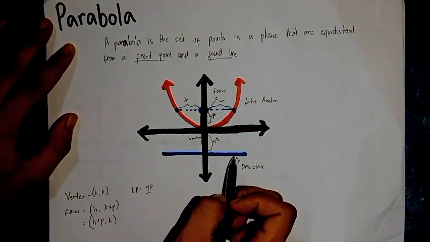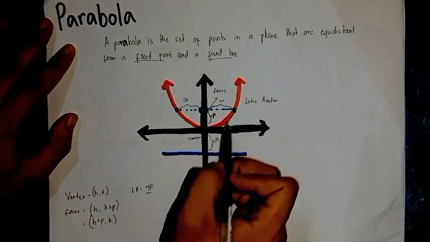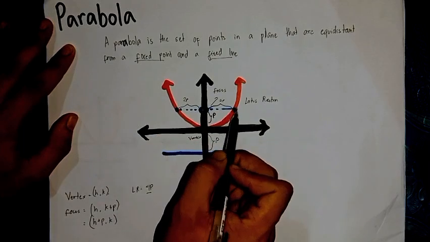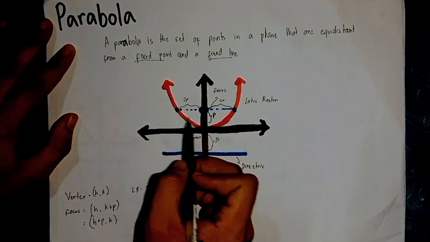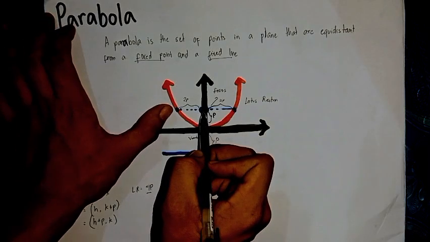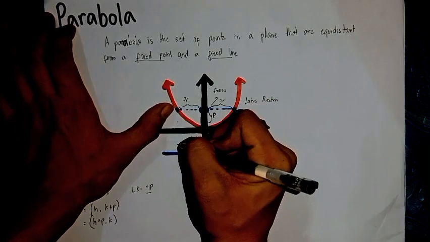The set of points in the plane is always equidistant to our fixed point, or to our focus, and also to our fixed line.